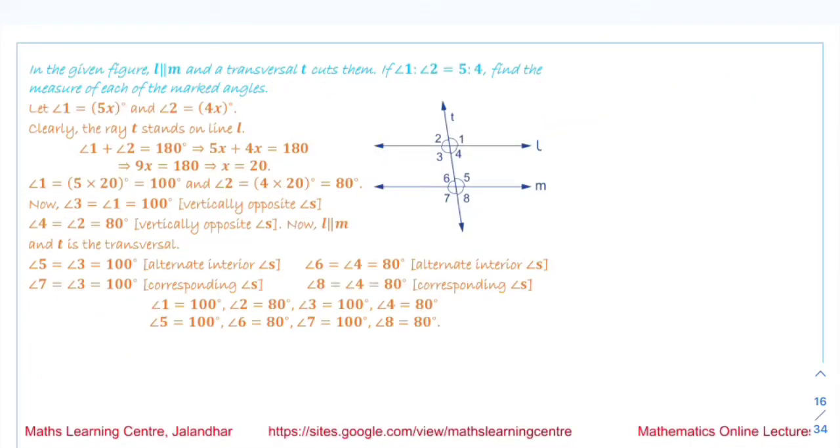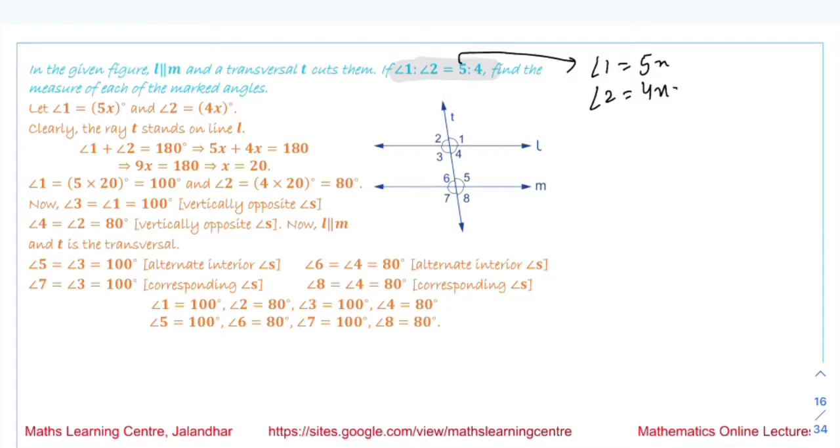Now this question is similar to the last question we solved. The only difference is that the ratio between angle 1 and angle 2 is given, it is 5:4. So we can write that angle 1 is equal to 5x and angle 2 is equal to 4x for some constant x.